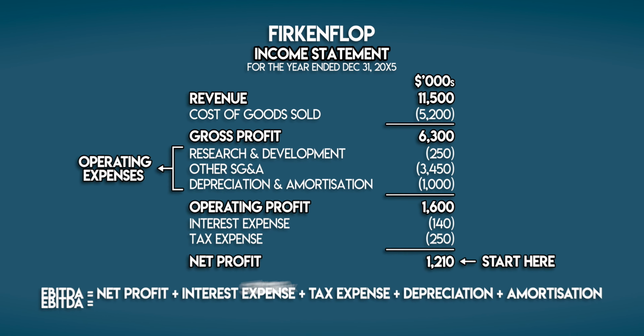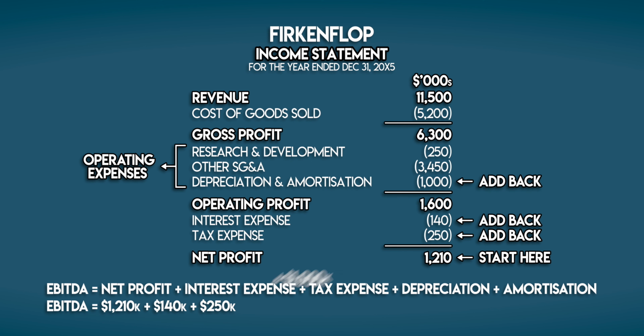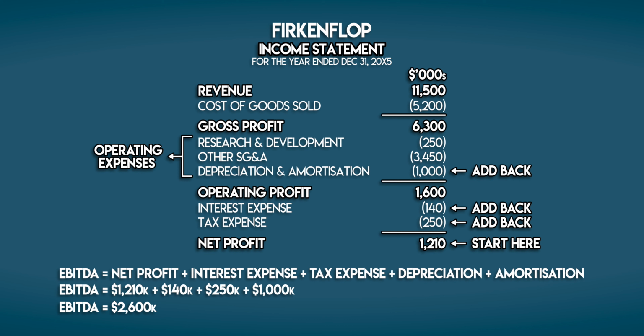Ōl made a net profit of $1.21 million, so we need to add back their interest expense of $140,000, their tax expense of $250,000, and on top of all of this, we add back their depreciation and amortisation of $1 million. That means that Ōl has an EBITDA of $2.6 million.